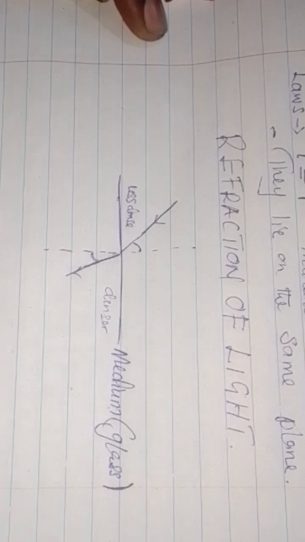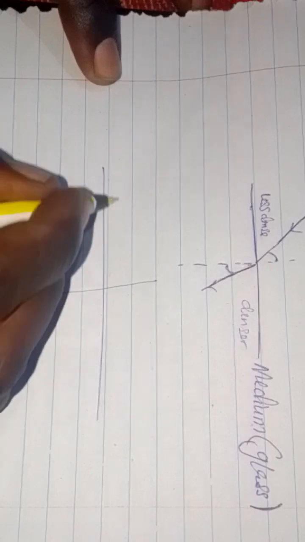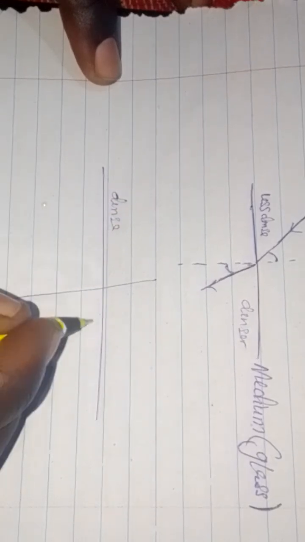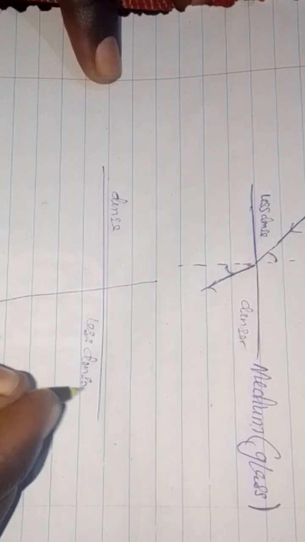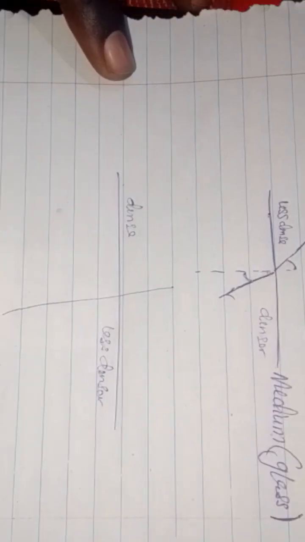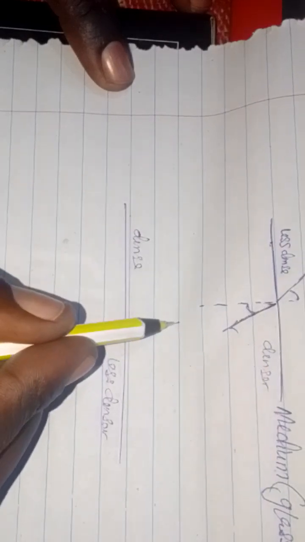This is the angle of refraction. But when it's coming from a denser medium to a less dense one, let's say this is denser, this is less dense. The normal is not a complete line, but a dotted line.